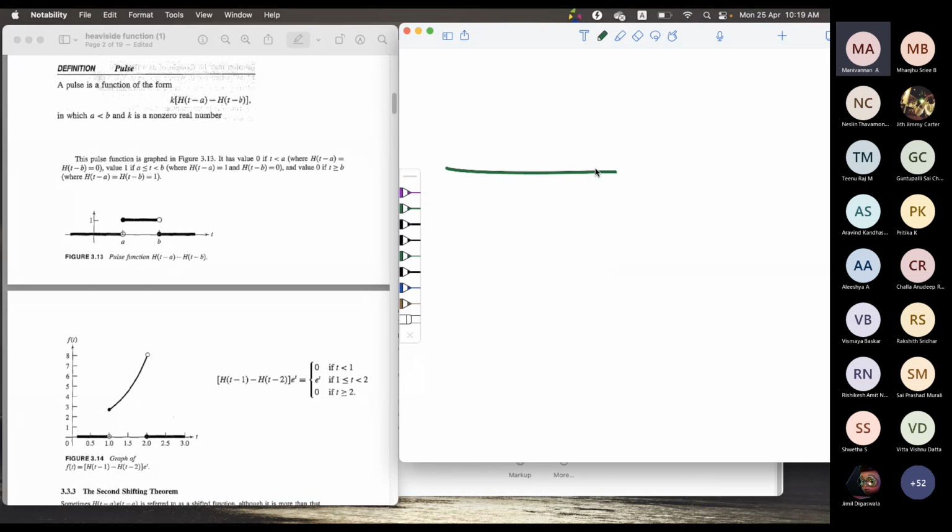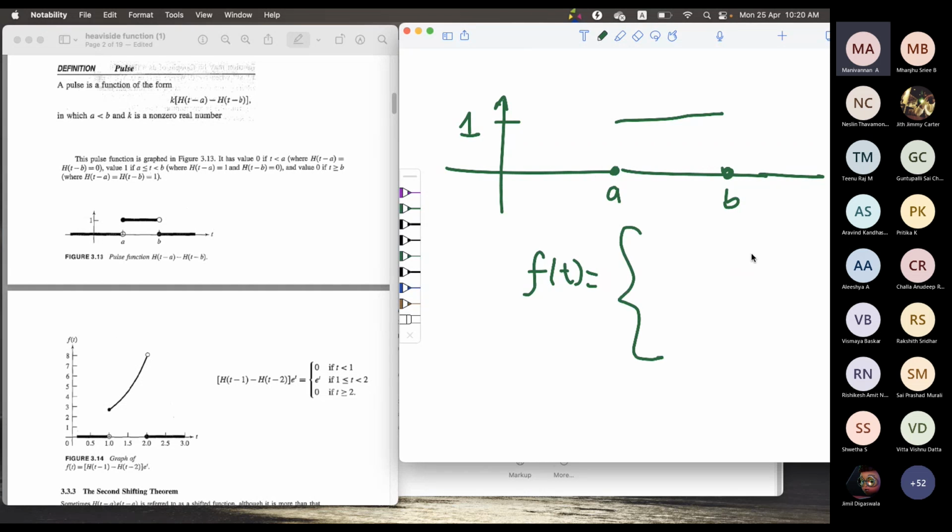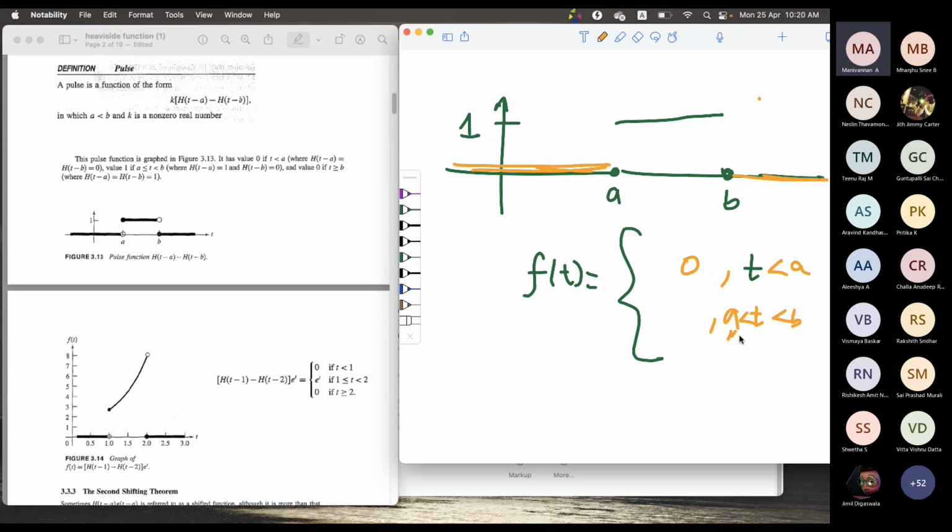Until this point A, the height is suppose 1, and this is my B. If I write this function, f of t: for t less than A it is 0, then for t between A and B it is 1, where A is included but B is excluded, and for t more than B it is 0. Am I right? This is my function, right?